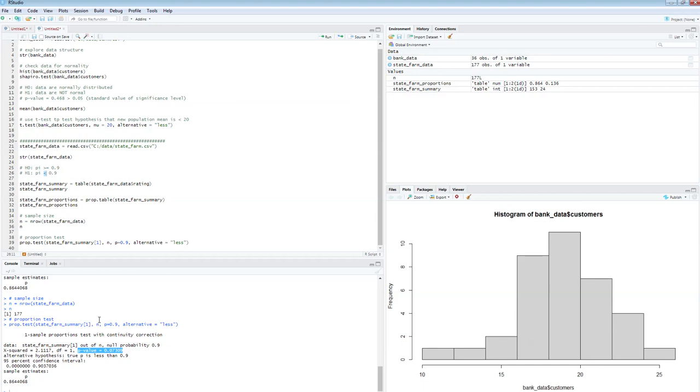So therefore, conclusion of the test here is that p-value is higher than alpha. Therefore, I fail to reject the null. The sample collected does not provide me with evidence that the true satisfaction level in the population is less than 90%, or proportion of satisfied customers is under 0.9.